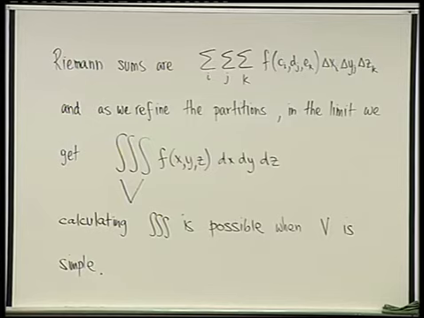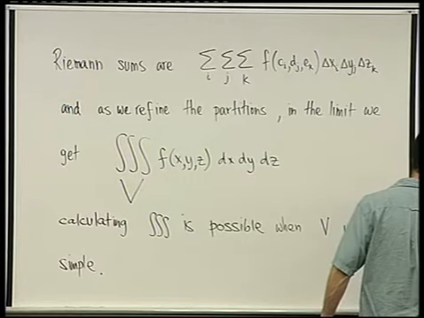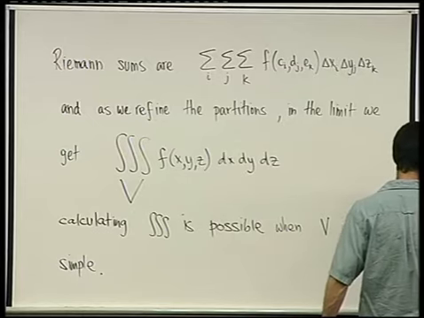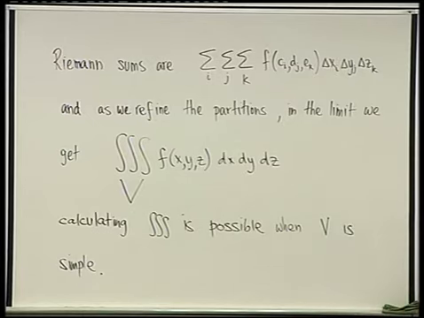So here's an attempt to draw it. And again, there are going to be various versions of it depending on which variables we fix between constants and which variables between functions. But one example of a simple domain, so this is x, this is y, and this is z. So a simple domain would be, for example, the x's are going to live between two constants, a and b.